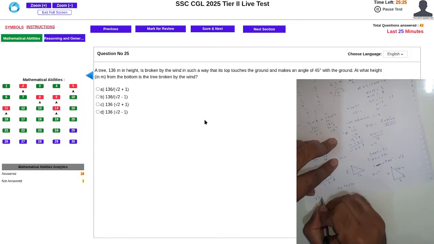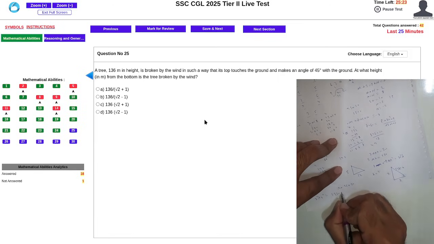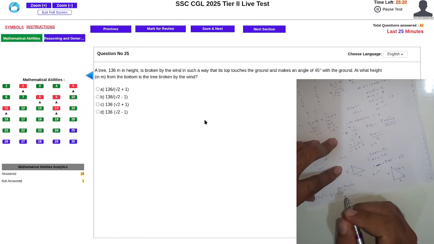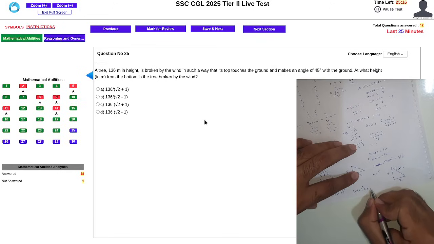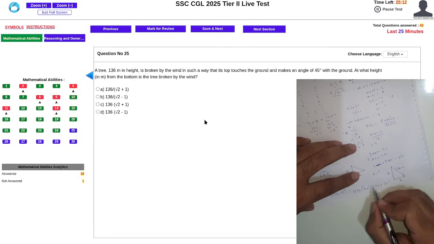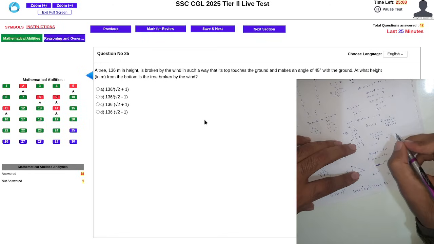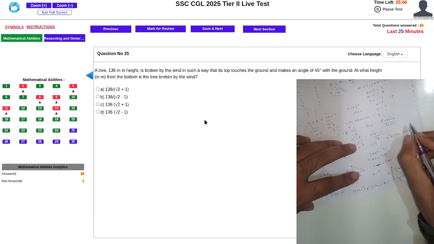x square plus x square is equals to 136 minus x whole square. 136 whole square plus x square minus 272x is equals to 2x square. x square plus 272x plus 136 whole square.